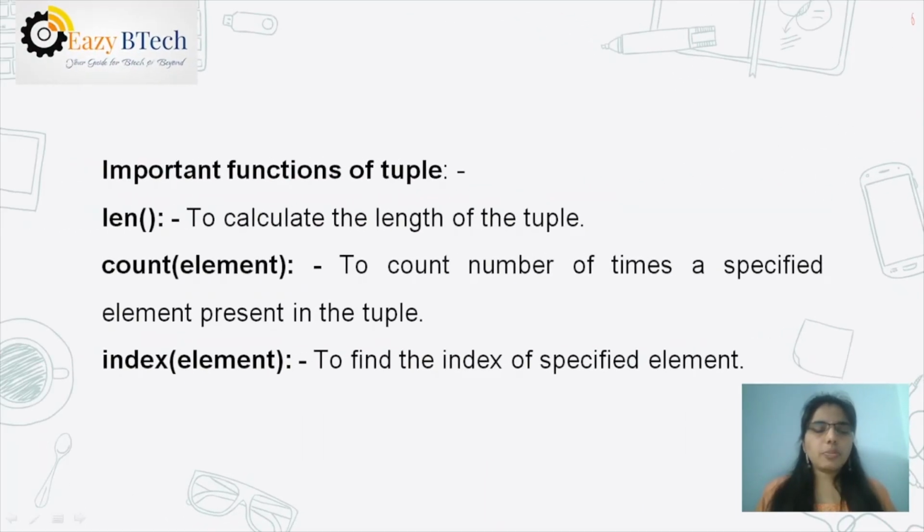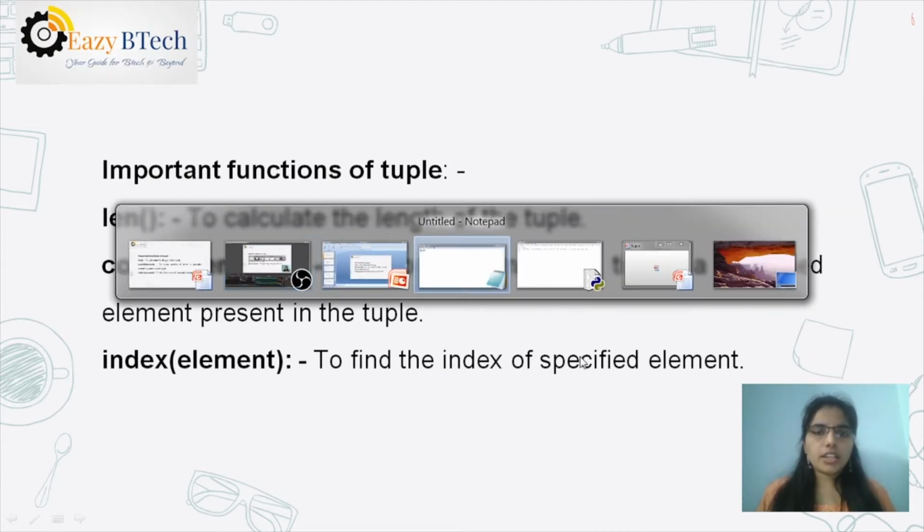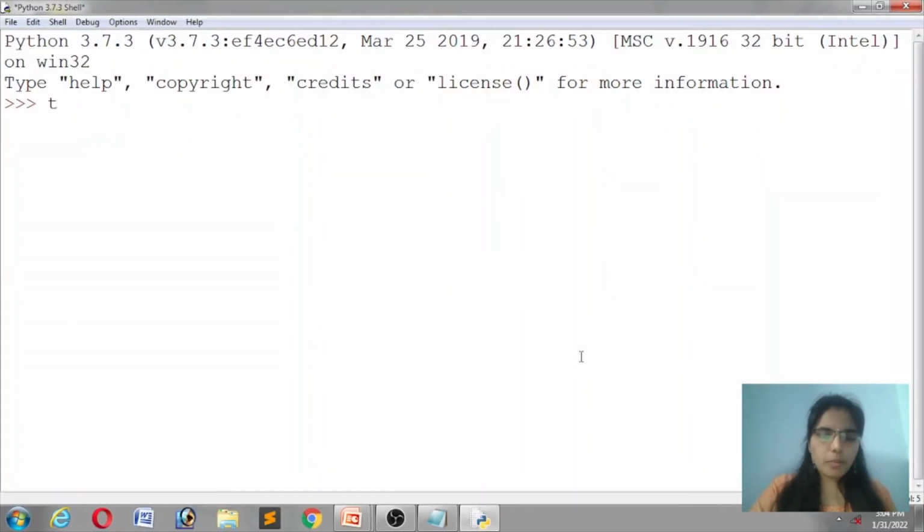Okay, the next predefined function is index of element, to find the index of a specified element. For example, I am taking a tuple of values like 10, 89, Python, Java, 89.78.